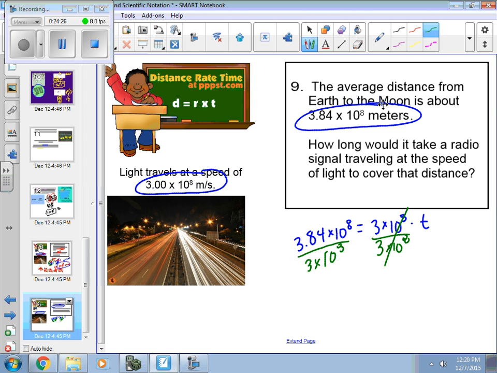This cancels out, so our time here would be whatever we get when we do this. If we do 3.84 divided by 3, that's 1.28. And then we've got to subtract our exponents here. They're both 8, so 8 minus 8 is going to be 10 to the 0 power.